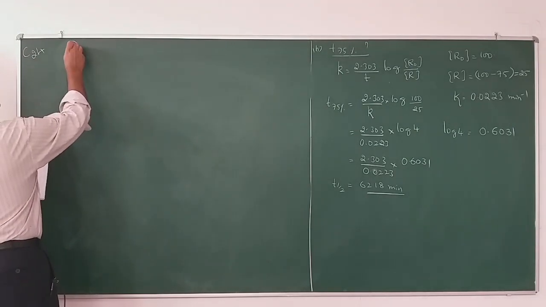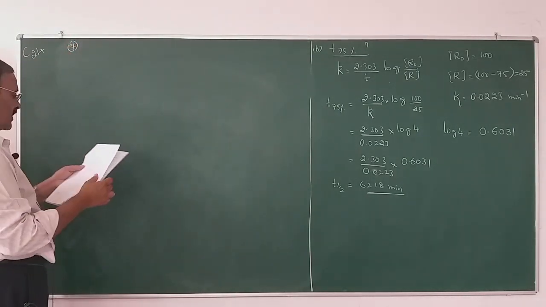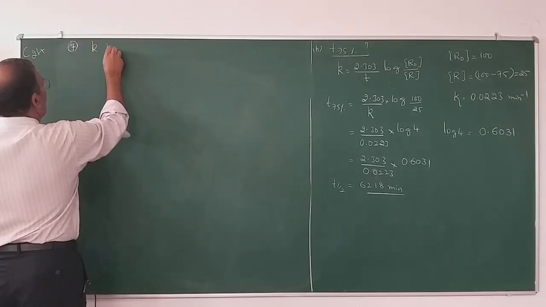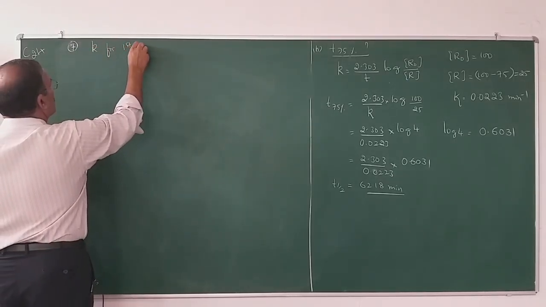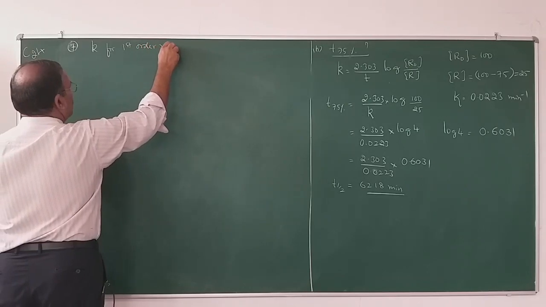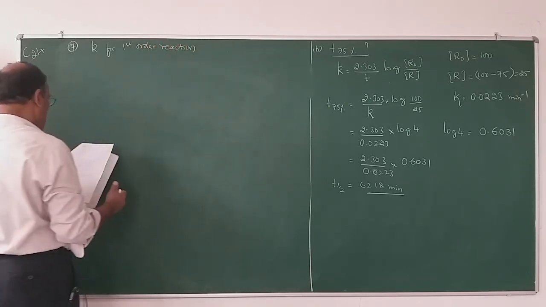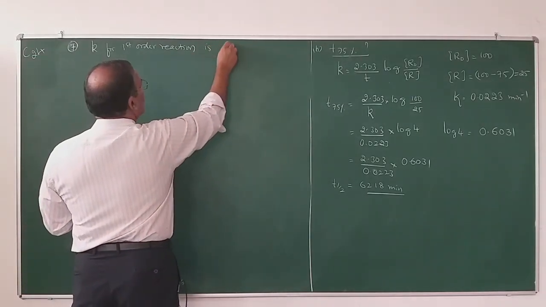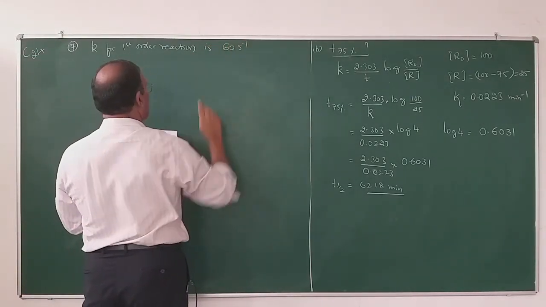Problem number 7. K for a first order reaction is 60 second minus 1.